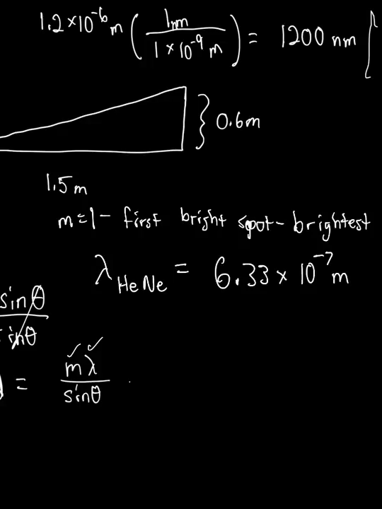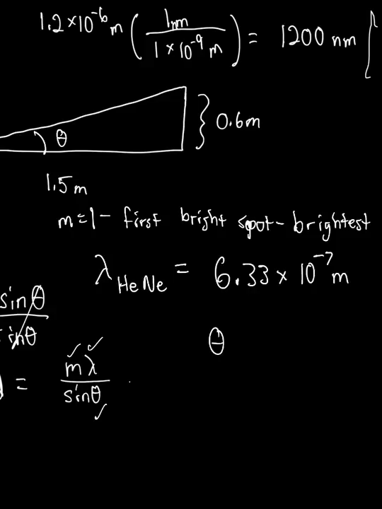Theta. Do I know what theta is? They didn't give me the theta. I don't see a theta in there. Where's theta? Find it with a triangle. So this is my theta. How can I find that? Opposite over adjacent, which is tangent.